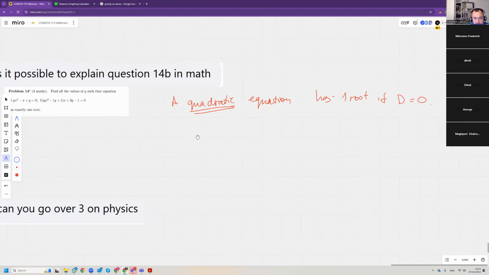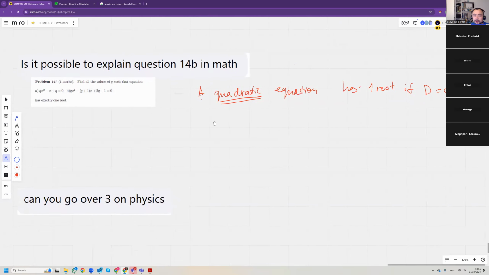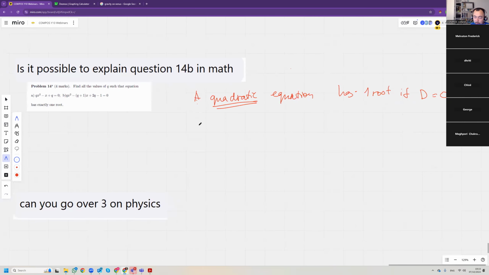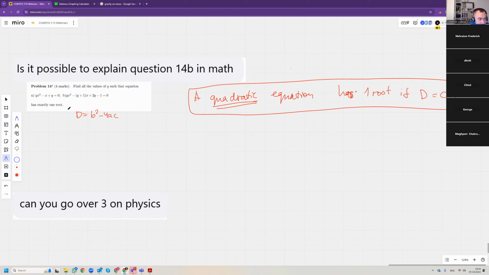I'm underlining the word quadratic because if the equation is not quadratic, this rule doesn't apply. So you need to be careful with this, right? Quadratic is one root. If it's not quadratic, then this rule doesn't work. So you need to find the discriminant. Discriminant is b squared minus 4ac. So you just need to work that out.